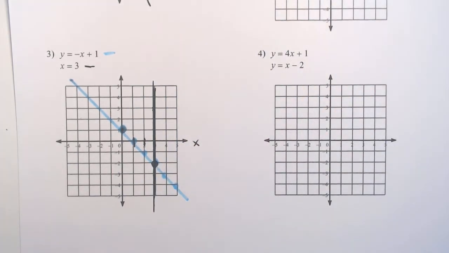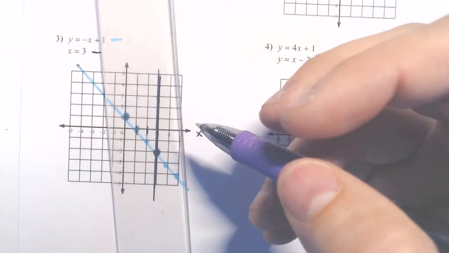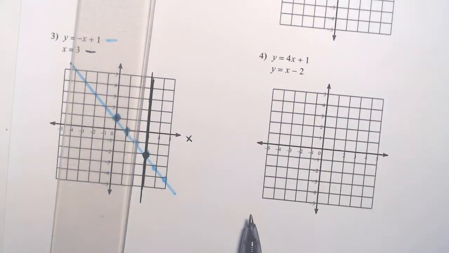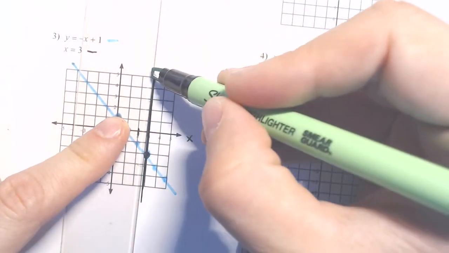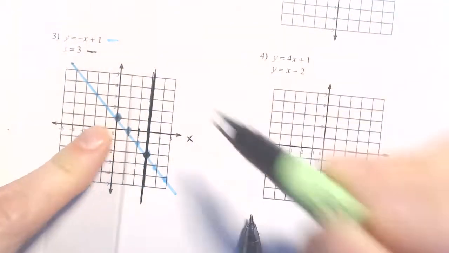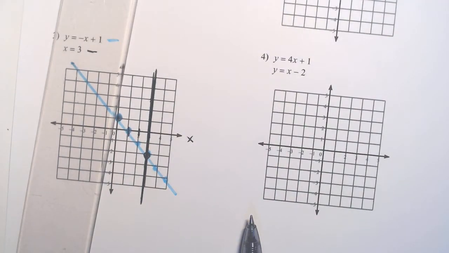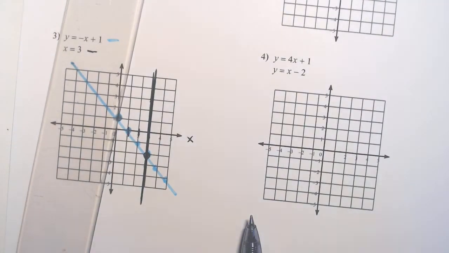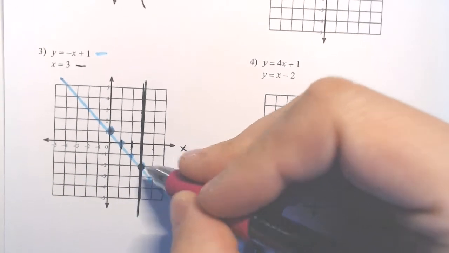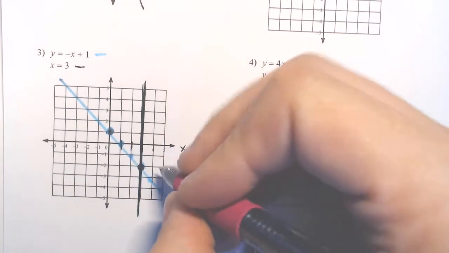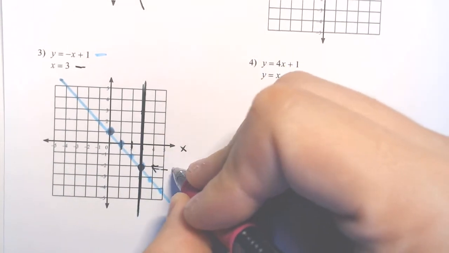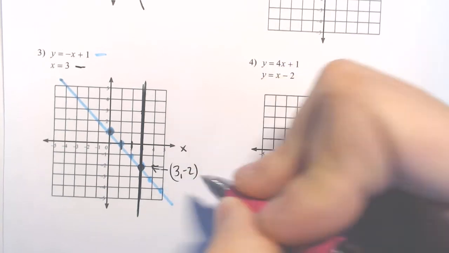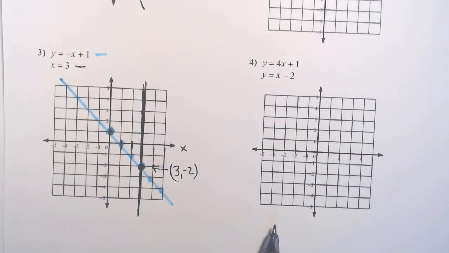Right there. So this is the line we got. I'm going to try and highlight it for you a little bit more too. See what yellow does. That did absolutely nothing. So this dot right here is at 1, 2, 3, -2. That is the intersection at 3, -2, and that is our official solution.